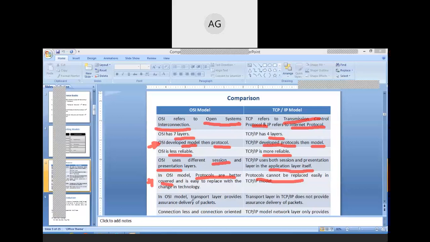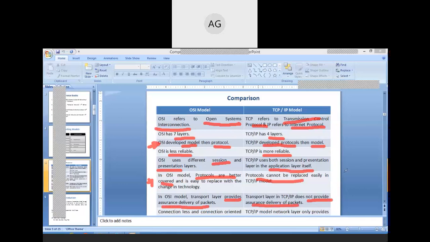The next point is that in the OSI model, the transport layer provides assurance of delivery of packets. The transport layer's work is to send the packet from the sender to the receiver, so in the OSI model it provides assured delivery of packets. But in the case of the TCP/IP model, the transport layer does not provide assured delivery of packets.